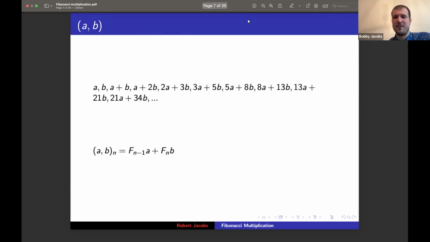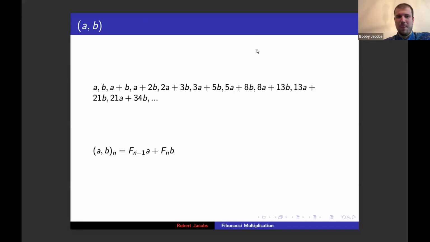So if we start out with A and B, we get A plus B. And then B plus A plus B is A plus 2B. A plus B plus A plus 2B is 2A plus 3B. And A plus 2B plus 2A plus 3B is 3A plus 5B.